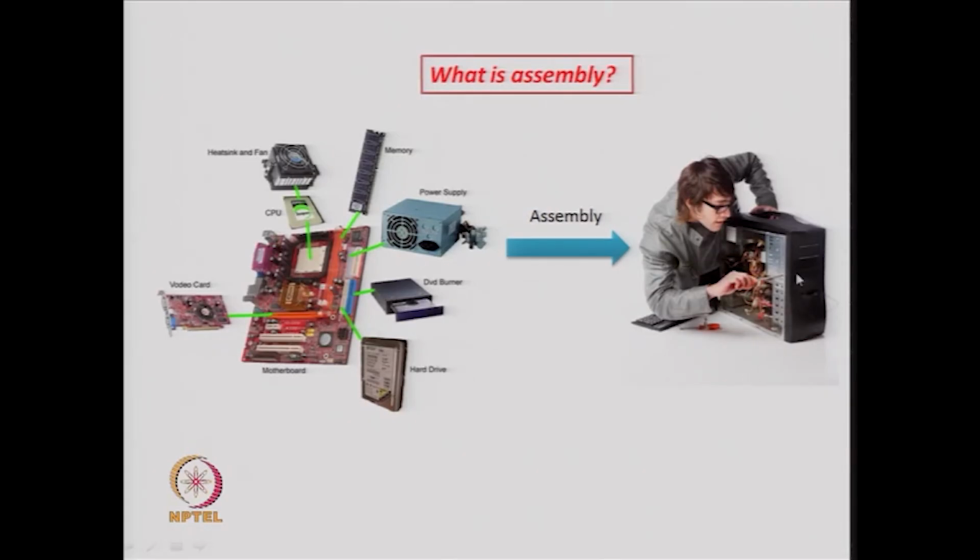This function depends on all these parts being put together in a particular manner, and if it is not put together in that manner, then this product will not be able to function the way it should. Hence, how you assemble the various structures to give you the final product is very important, and this is a normal assembly which we see in our daily life.